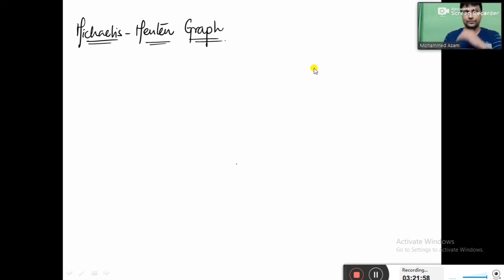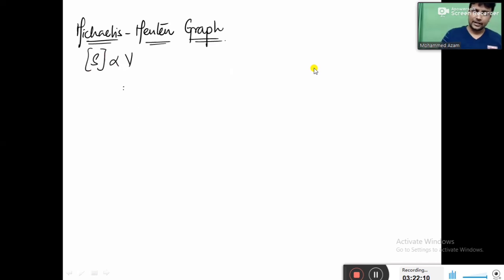Please write down the heading there as Michaelis Menten graph. The Michaelis Menten graph will give you the relation between concentration of substrate and the velocity. And you already know concentration of substrate is directly proportional to velocity of the reaction.